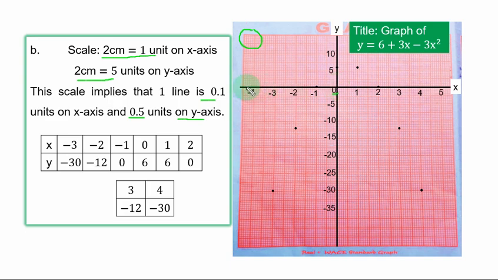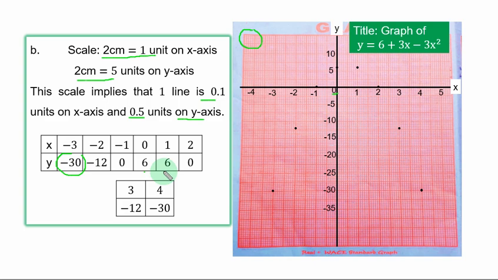Now, why is the x-axis close to the top? It is because if you check the values of y, you have minus 30, and the positive just 6, let's say from 1 to 6. So in drawing your x-axis, you need to give a better space or much space to the negative values of y.